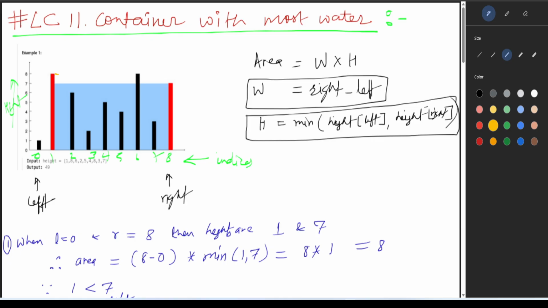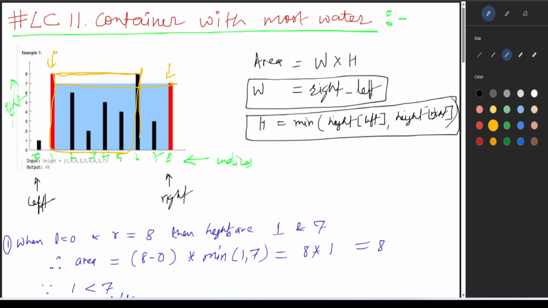If we take these two pillars, the water will be inside like this. But if you say no, I will not take these two, I will take these two, it means the container will be filled up to this level.